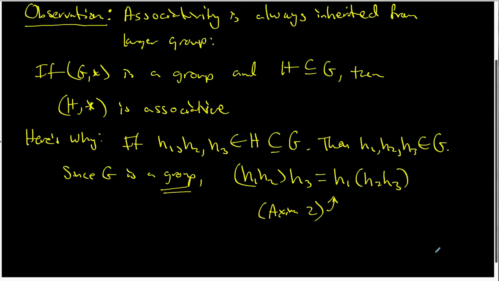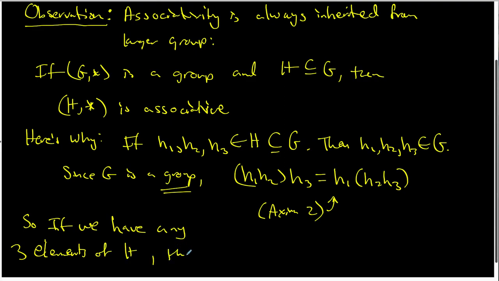And consequently, we now can say, if we have any three elements of H, then I will know that the associative law is never going to be an issue.